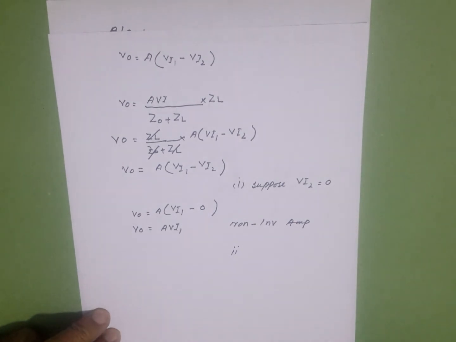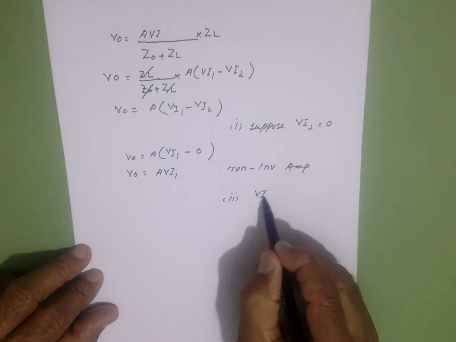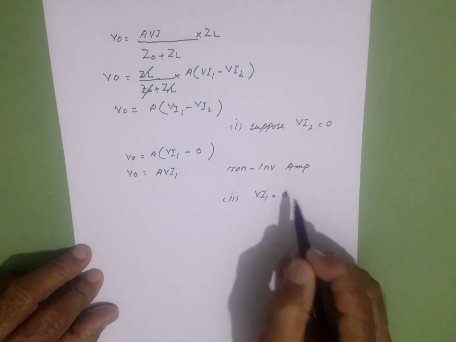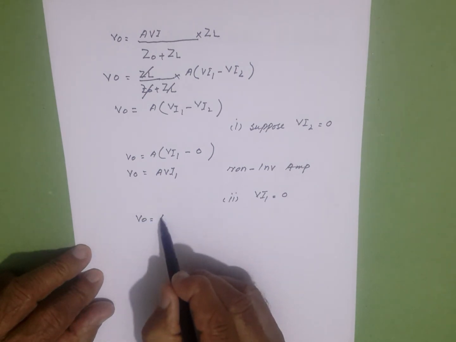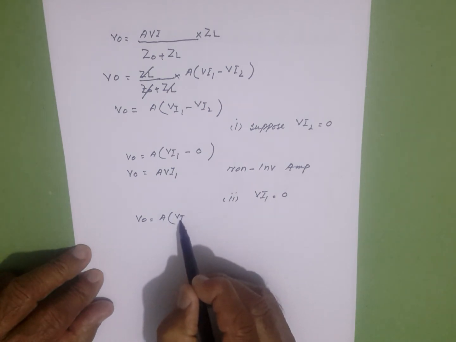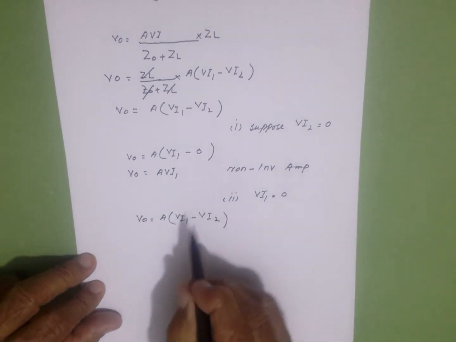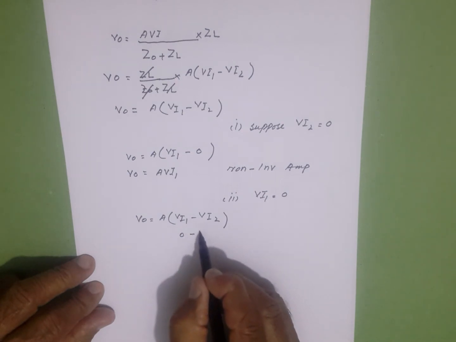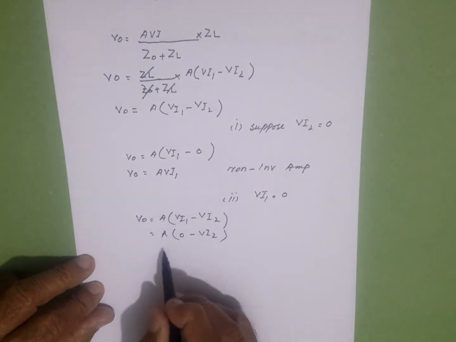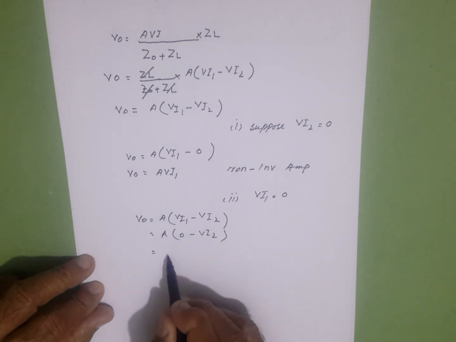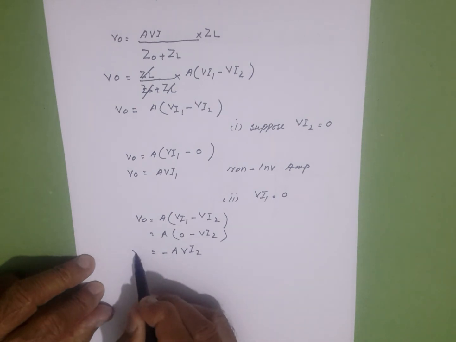Second case, we suppose V input 1 is equal to 0. Let us rewrite the formula. V naught is equal to A into V input 1 minus V input 2. By putting the value of V input 1 as 0, this can be written as minus A V input 2, which is our V naught.